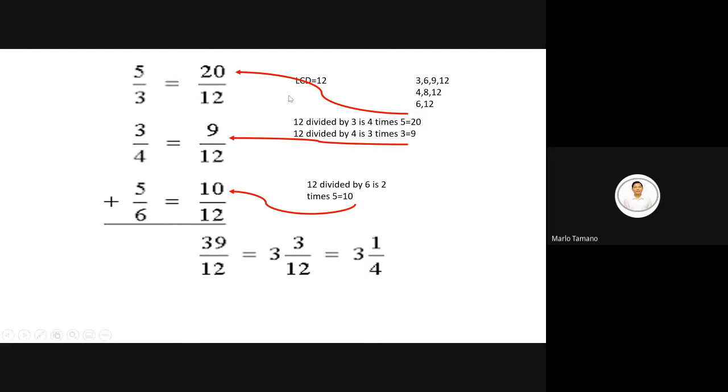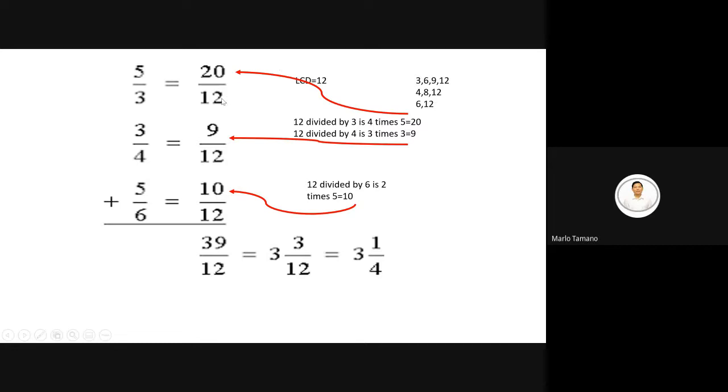Tandaan niyo ang ginagawang process lang natin ay 3 plus 3, 6 plus 3, 9 plus 3, 12. Ganun lang po yung gagawin nyo, para hindi kayo mahirapan. 4 plus 4 is 8 plus 4 is 12 plus 4 is 16 and so on. Pansinin niyo yung unang lumabas na pare-pareho, yun po yung least common denominator.